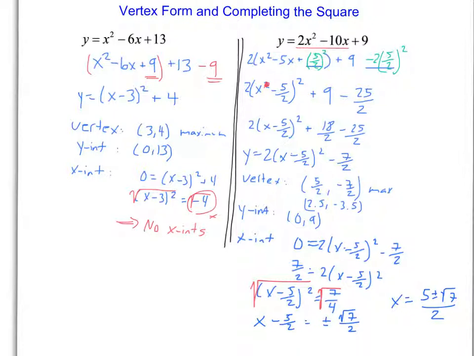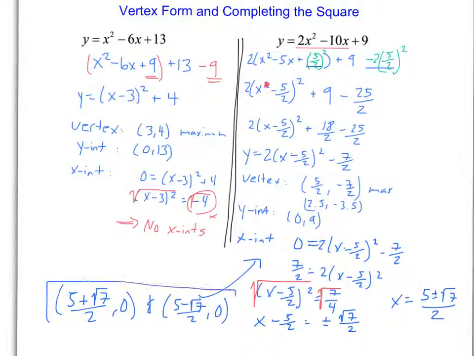Now we want this as coordinate pairs. So our x-intercepts is 5 plus root 7 all over 2 comma 0, and 5 minus the square root of 7. Whoops, that's getting ugly there. 5 minus root 7 all over 2 comma 0.